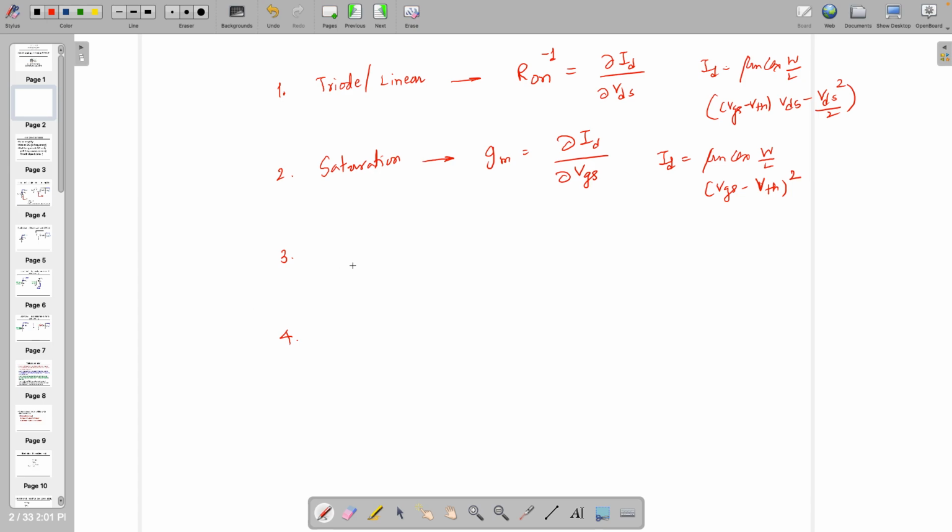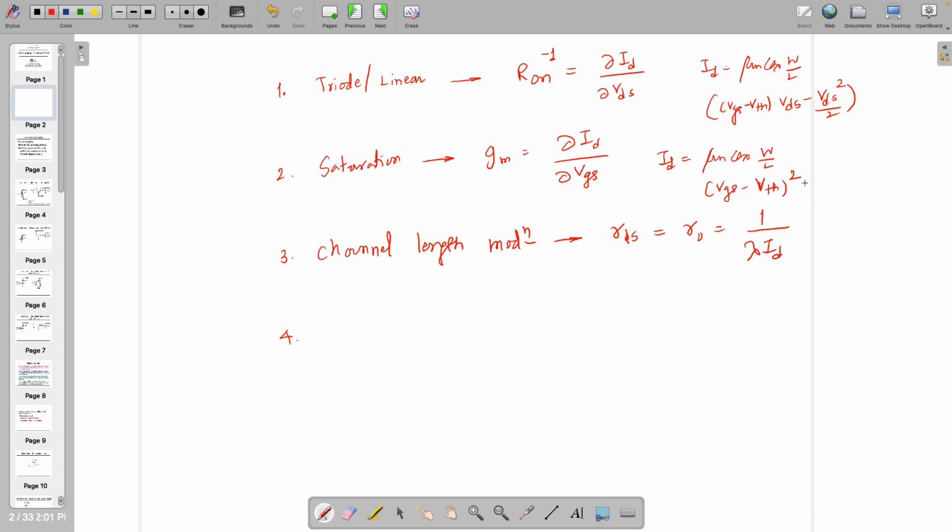You might have channel length modulation also. So R0, or RDS, is going to be 1 by lambda ID.